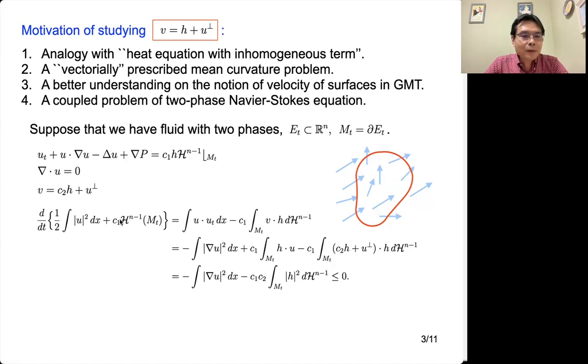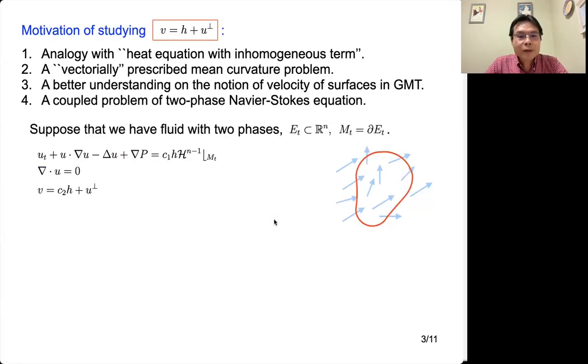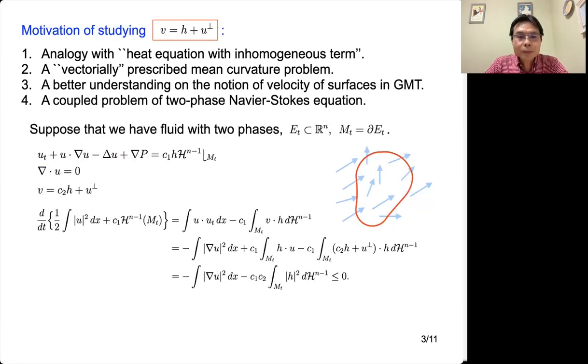Now the time derivative of this is going to be equal to minus the velocity of the motion dotted with the mean curvature. That's the so-called first variation formula of the surface energy. Now, if the velocity is equal to this, you just plug in this term.